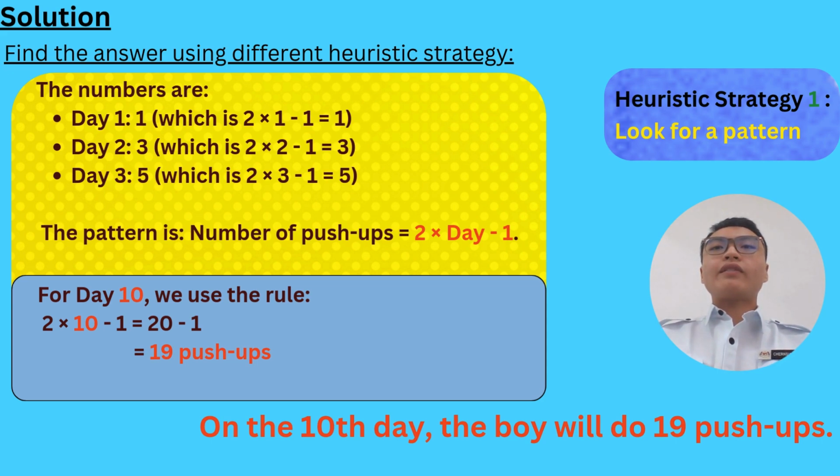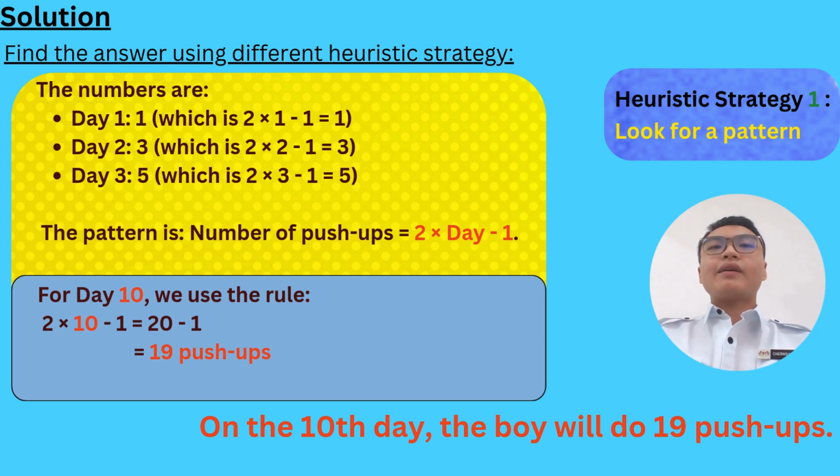The first heuristic strategy we use is look for a pattern. The numbers are day 1, 1, which is 2 times 1 minus 1 equal to 1. Day 2, 3, which is 2 times 2 minus 1 equal to 3. Day 3, 5, which is 2 times 3 minus 1 equal to 5.